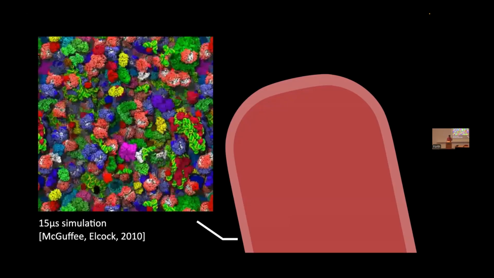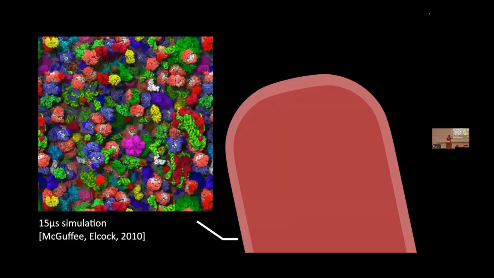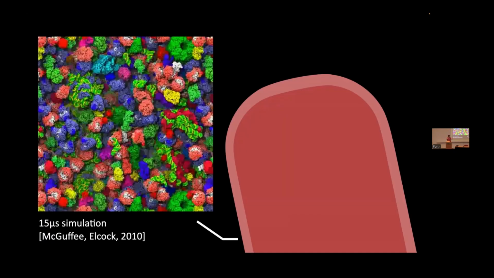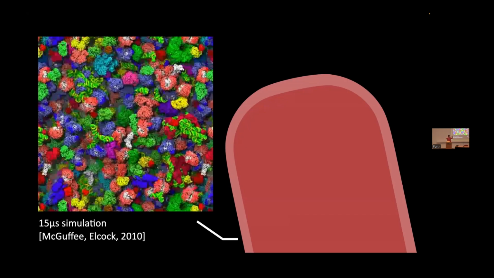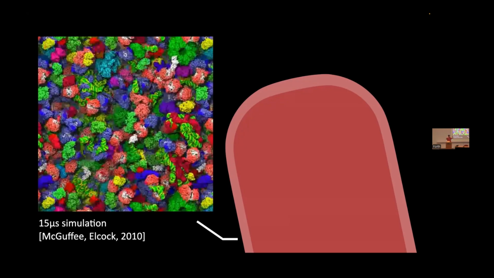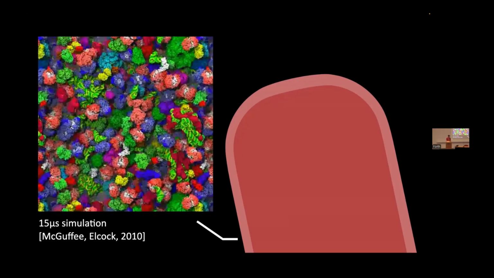Some people have this image, and I sometimes have that as well, that you have these compartments with molecules flying around, and at some point they meet and then they react. Actually, it's a very crowded space in there.